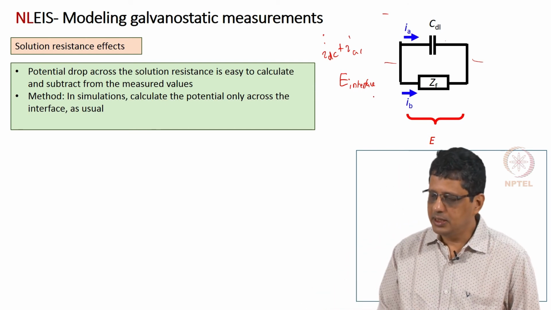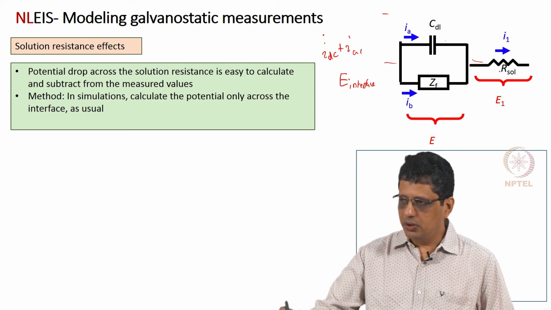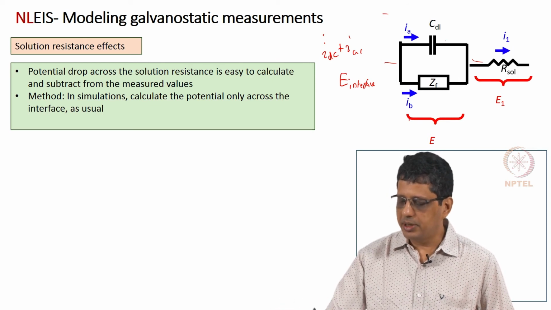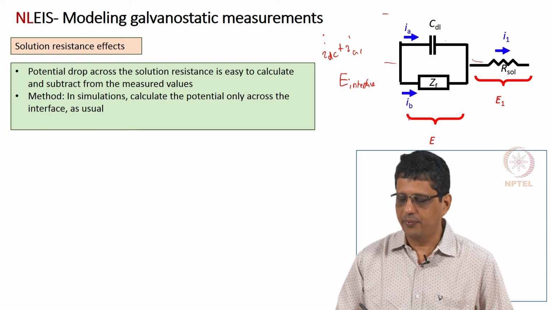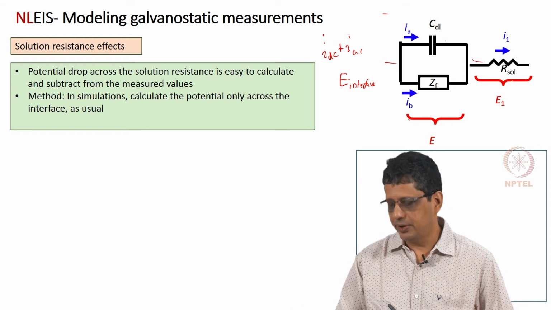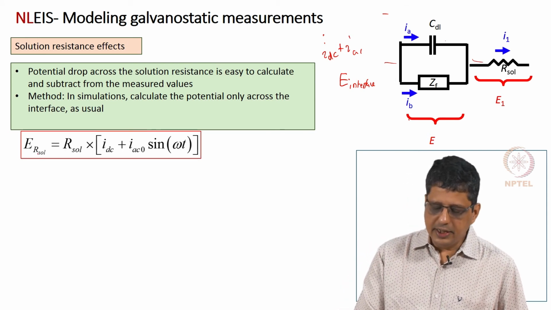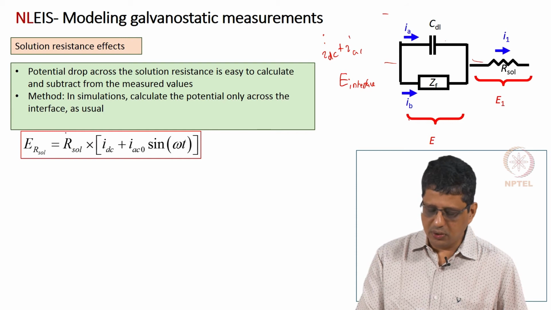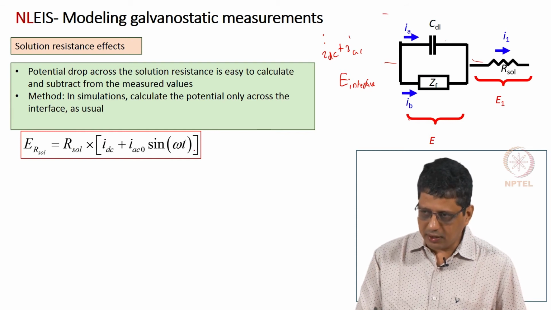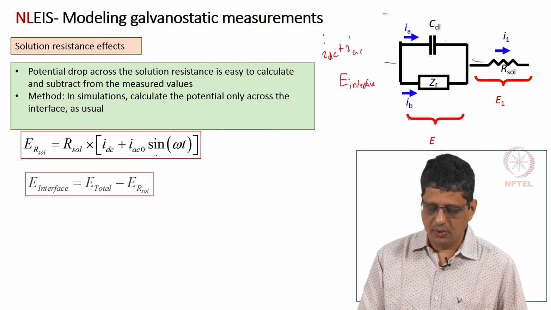When we do experiments, we measure only the total potential across this system. So, it includes the solution resistance. What we measure is the sum of E interface plus E solution. Now, E solution is easy to estimate. We know the solution resistance, we know the current we are applying, therefore, E solution can be calculated.